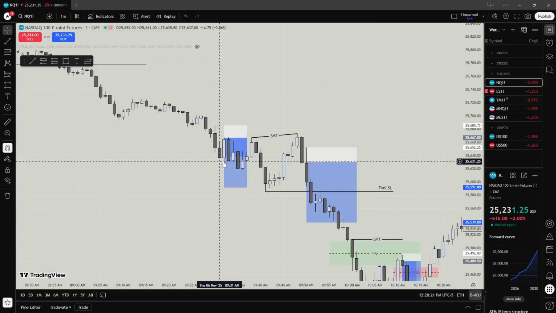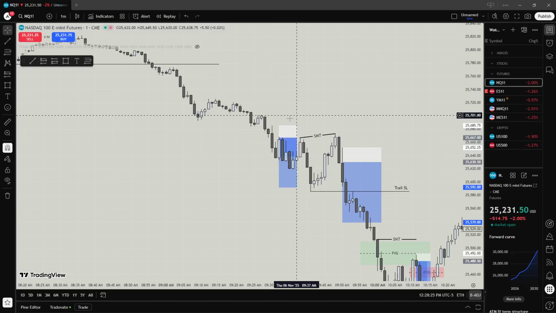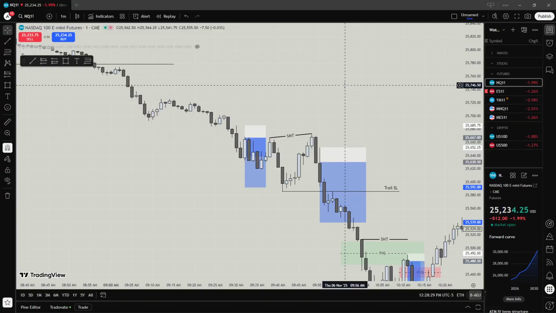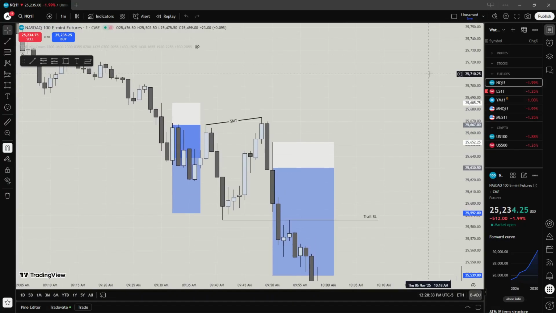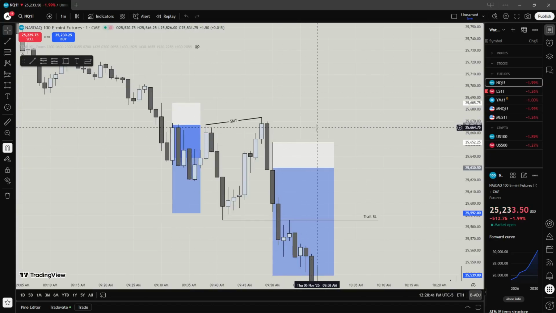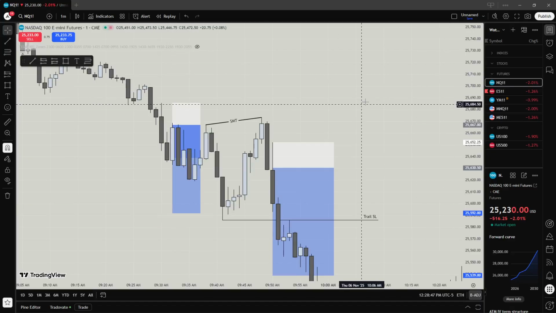Once we took out this low from what we created at 9:32, we went break even right here. And I trailed it a little bit, which I shouldn't have. I ended up getting stopped out on this candle because I brought it down to the top of this candle, the top of the wick, just to secure a little bit of profit.